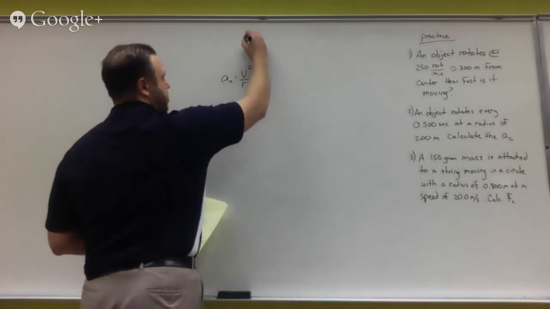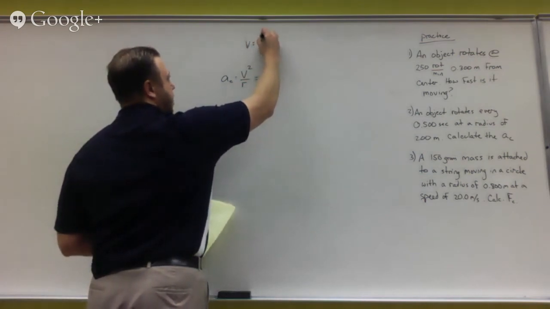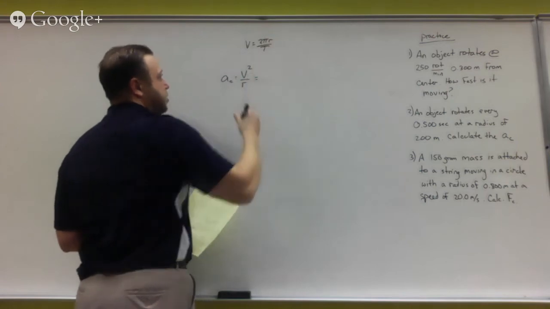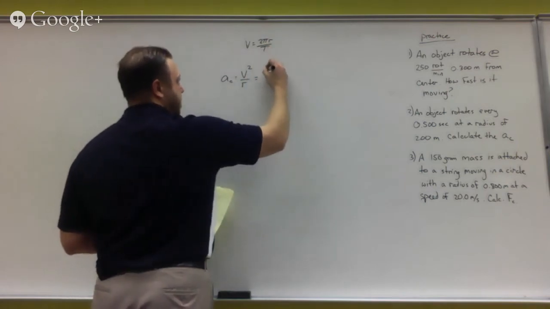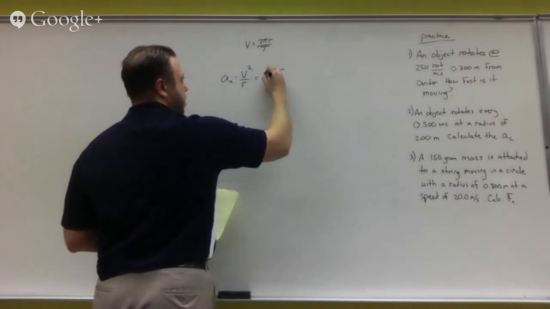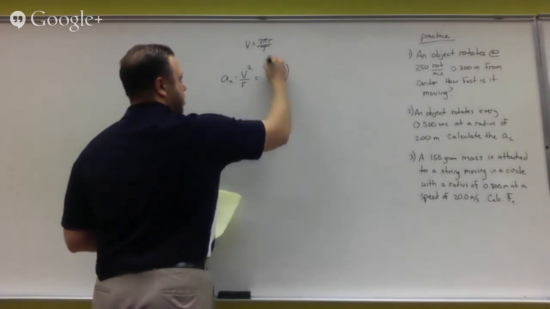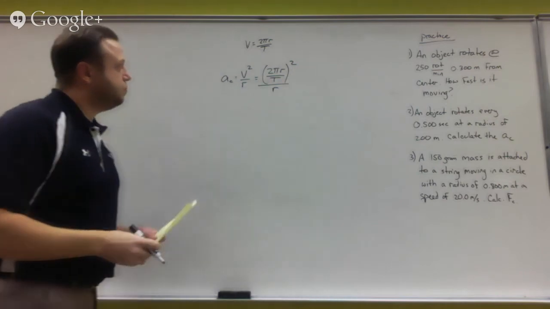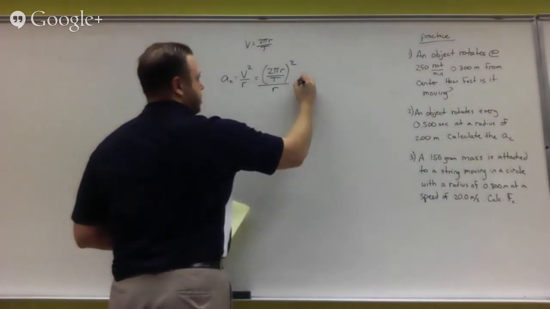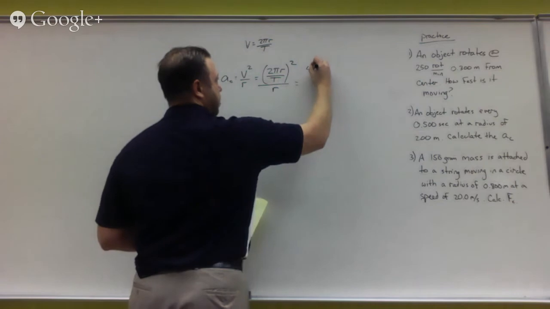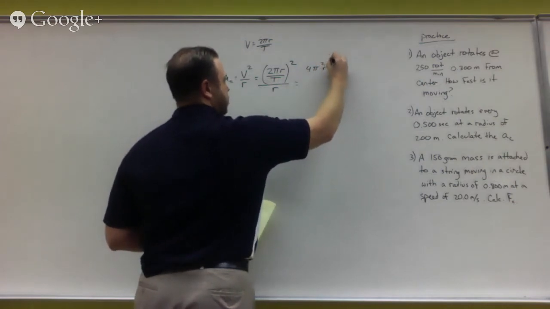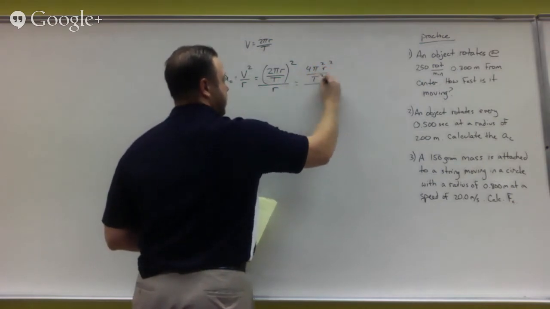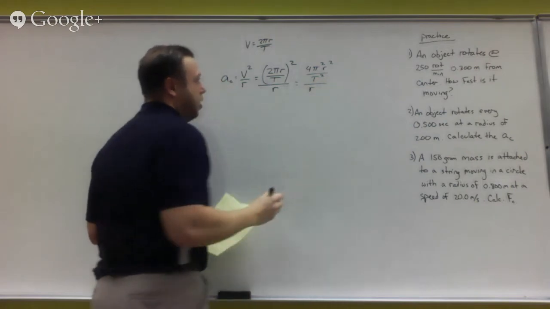Once again, we could say that v equals 2 pi r over t and just solve for this, but if I drop that in, this is v squared over r. This is going to equal 4 pi squared r squared over t squared, and this is all over r.